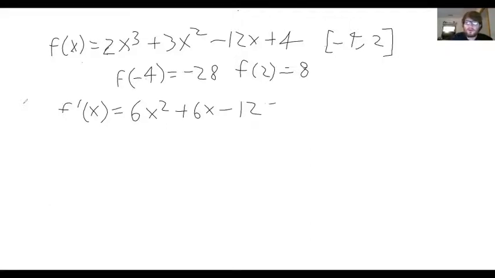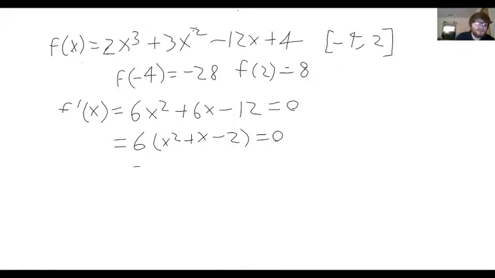And we want to see where this is equal to 0, right? And we can do that just by factoring. Let's pull out the 6 first, because that'll make everything look a lot nicer. x squared plus x minus 2 equals 0. I don't know why I wrote a 6 there. It should just be x, right? And we want to factor this out.